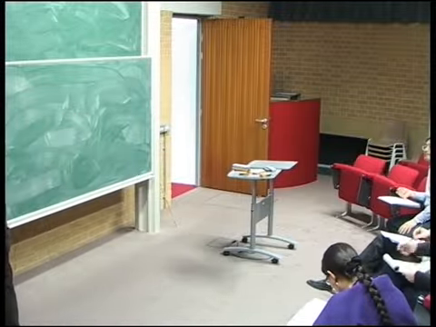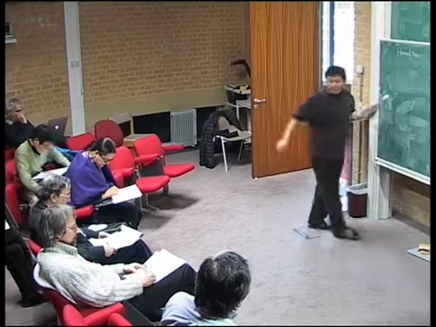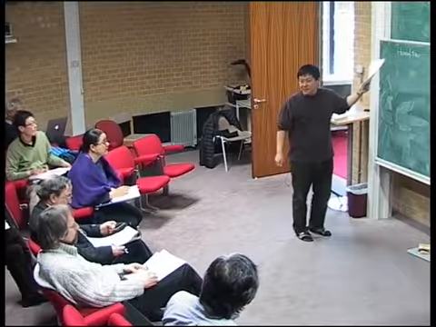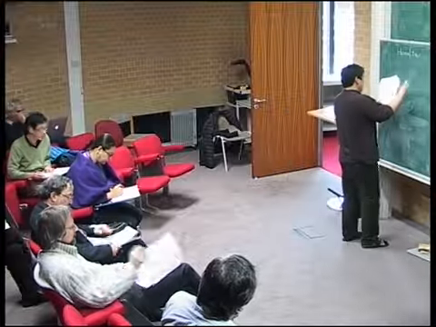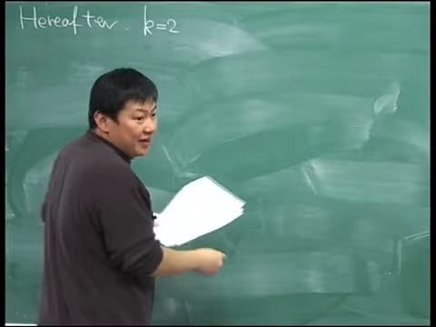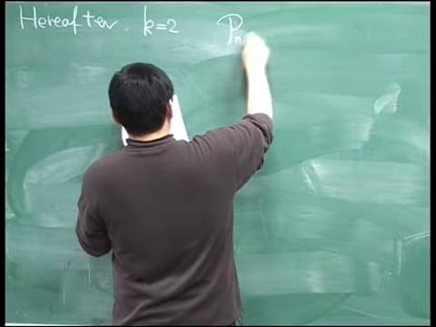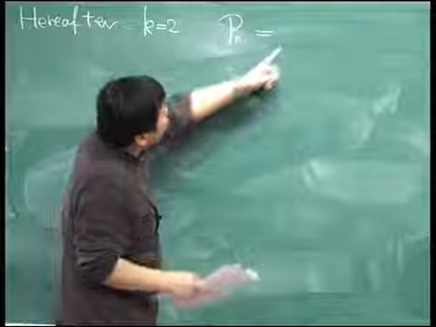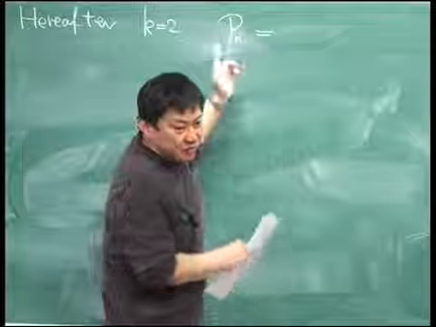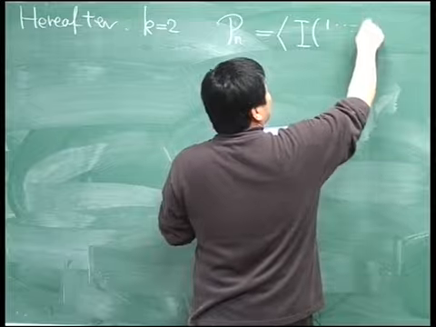So hereafter, we look at the special case of this setup. I only consider the weight 2 case, so the weight of the modular form is 2. In this case, the definition of the period space becomes simple, because the parameter on the upper line ranges from 1 to k minus 1. So when k equals 2, the upper parameter is always 1.